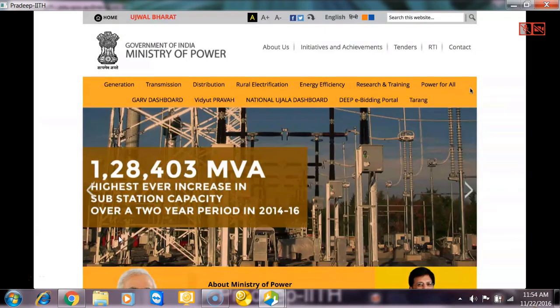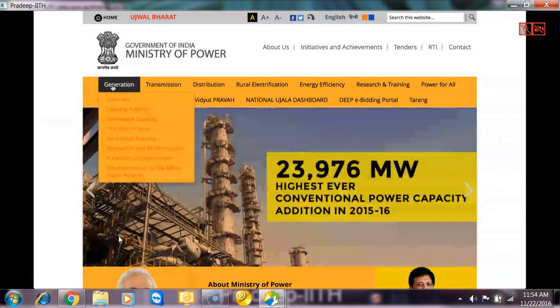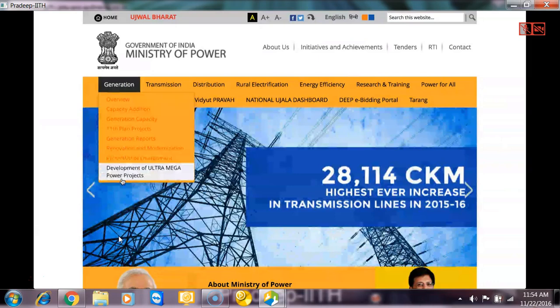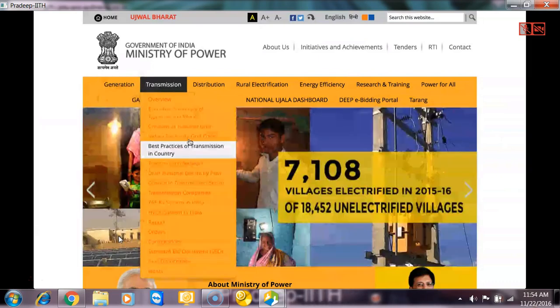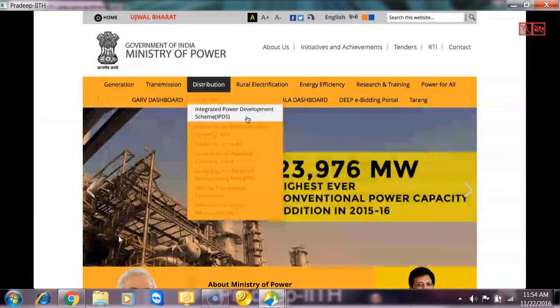Okay, so whatever I mentioned, generation. So what is the overview of generation, capacity addition, and all these things is there. Then the transmission. So again, you have a lot of information about what are the things inside the transmission sector. Then you have the distribution sector. So there is a major scheme called Integrated Power Development Scheme, IPDS.